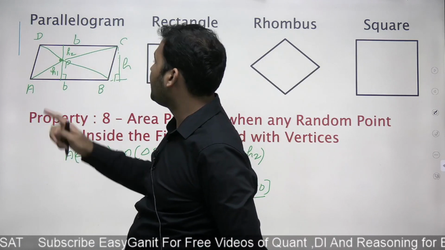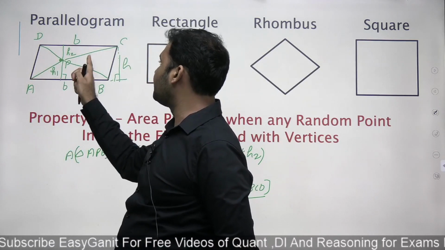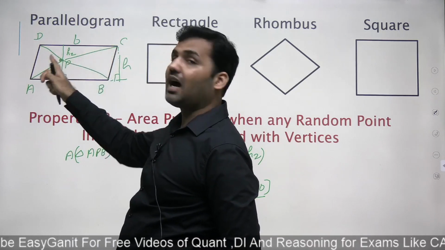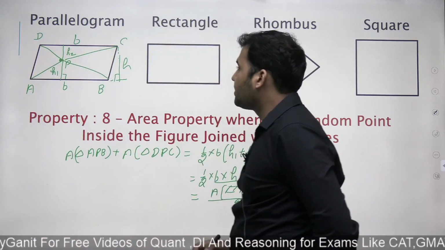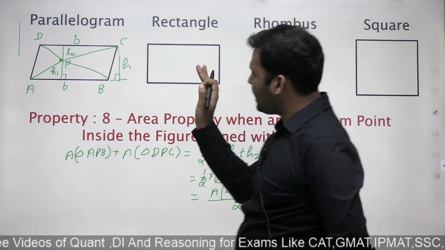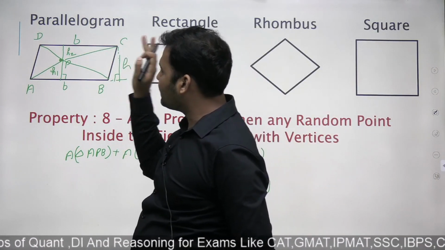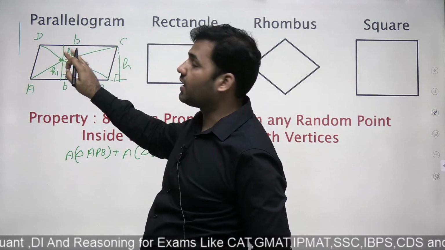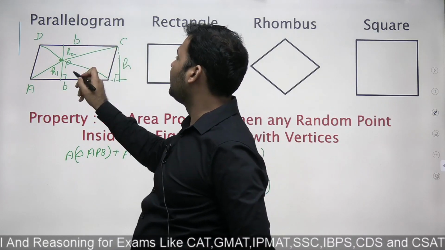Now if the summation of area of these 2 triangles is half of the whole parallelogram ABCD, can I also say that the area of the other two remaining triangles will also be half? So what you are supposed to keep in mind is that any random point taken inside the figure and joined with all the vertices gives 4 triangles.